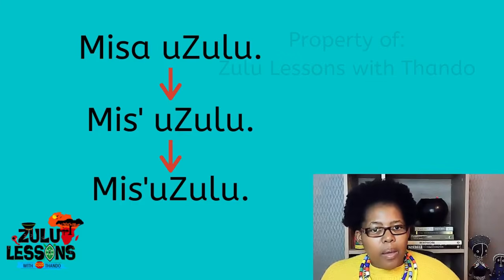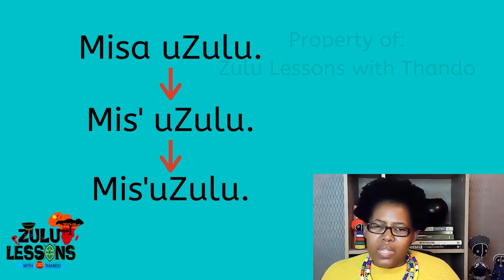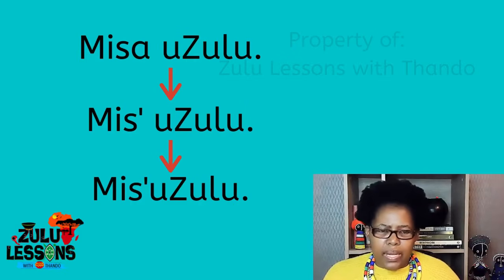What do we have? Ms'uZulu. Do you hear? I'm reading it as though it was just one word. Ms'uZulu. And this is something we do a lot with spoken language. Now, I am basically just giving you the same instruction. It's just that I've shortened it by removing that one other vowel.